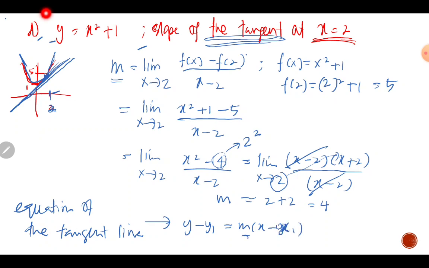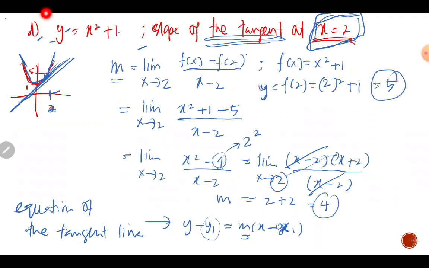So for this case, we know m is equals to 4. And you need to know one point, x1 and y1. Now we have already the x point, which is equals to 2. And when x equals to 2, y equals to 5, kan?